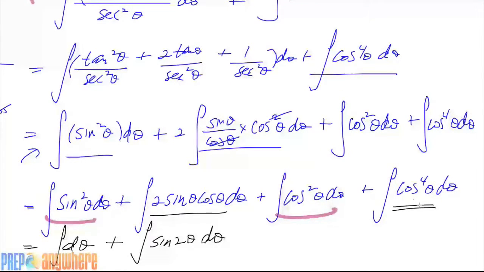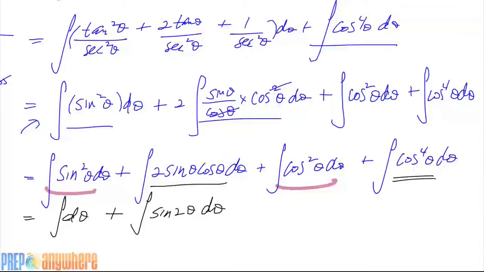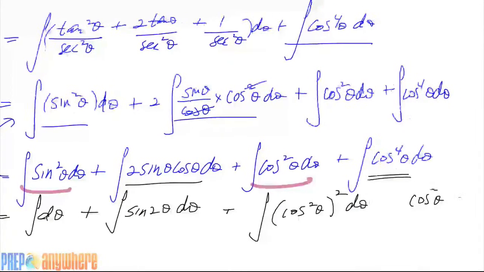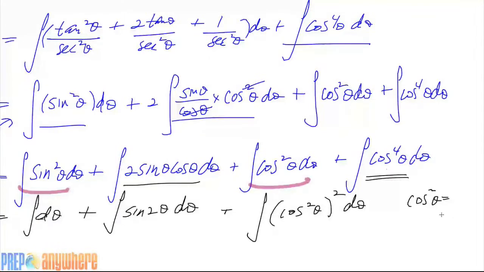That's the second thing that we can do to simplify the antiderivative process. And this one here is the only one that isn't a simple process. We have to lower the power using the double angle formula for cosine twice. You think of it as cosine squared theta to the power of 2 d theta. Cosine squared theta is equal to half of 1 plus cosine of 2 theta.